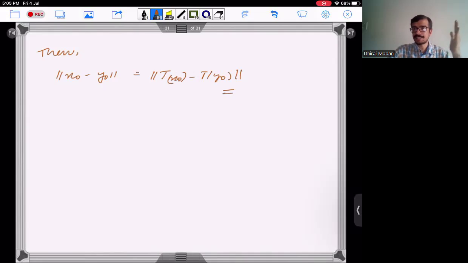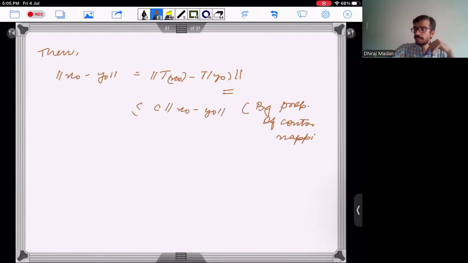Since there exists a C such that this is less than or equal to C times the norm of x naught minus y naught, we apply that property of contraction mapping to say that this is less than or equal to C times the norm of x naught minus y naught. So what we have is that the norm of x naught minus y naught is less than or equal to C times the norm of x naught minus y naught, and C is less than 1.